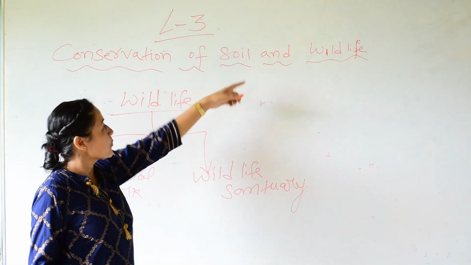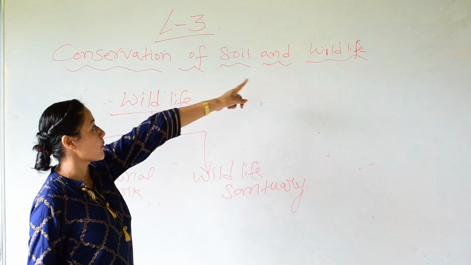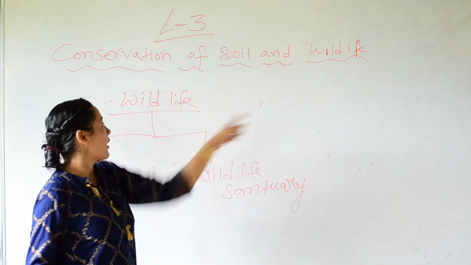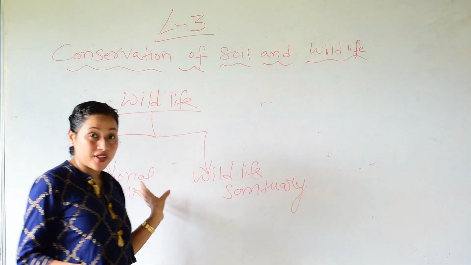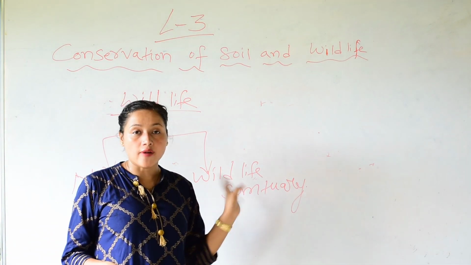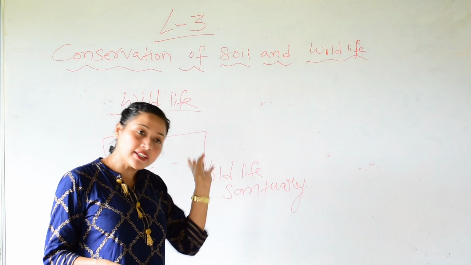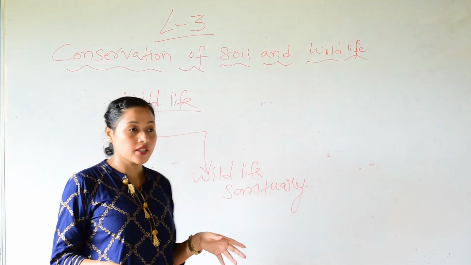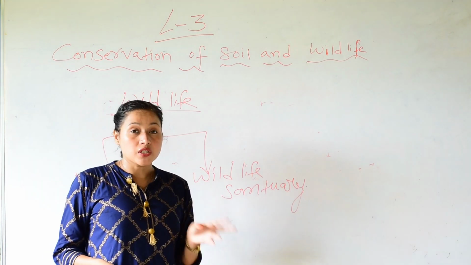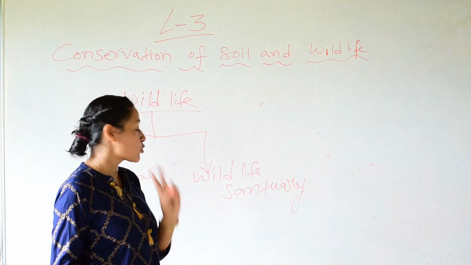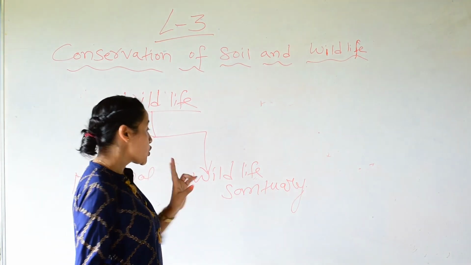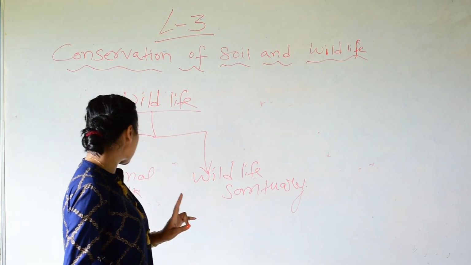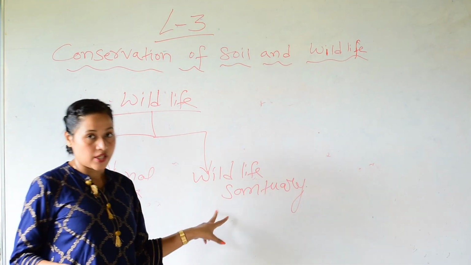Now the second point from our chapter only, that is from our topic only, conservation of wildlife. Let me explain a little bit about wildlife. In order to protect this wildlife, our government of India, even coming down to the state, our own state government, have adopted 2 measures, that is establishing two organizations, that is national park and then wildlife sanctuary.